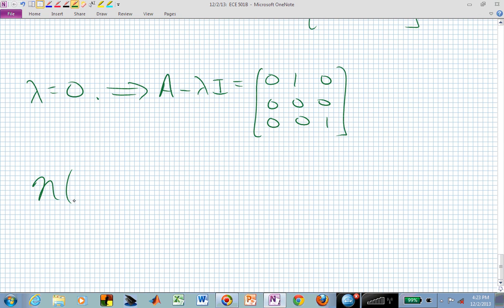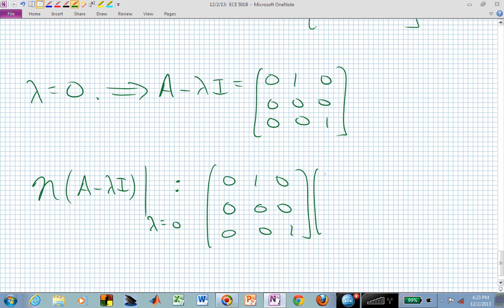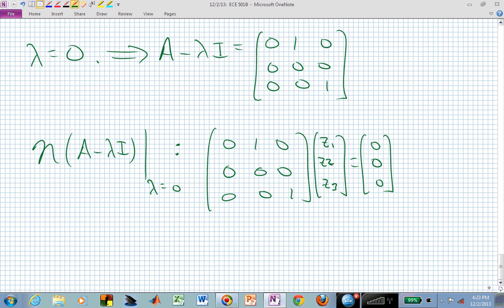So if I now say the null space of A minus lambda I, when lambda is equal to 0, what does that produce? Well, that says the matrix 0, 1, 0; 0, 0, 0; 0, 0, 1 times, let's say, (z1, z2, z3) must be 0. Are there non-zero vectors that allow us to do that? If we look at the first row, we see from that that z2 must equal 0.